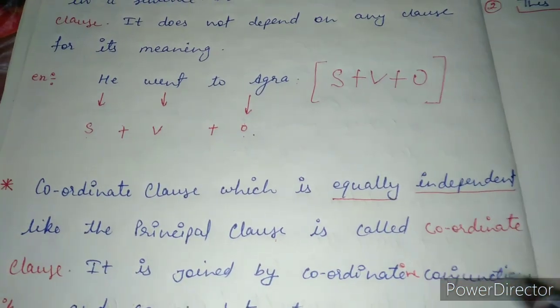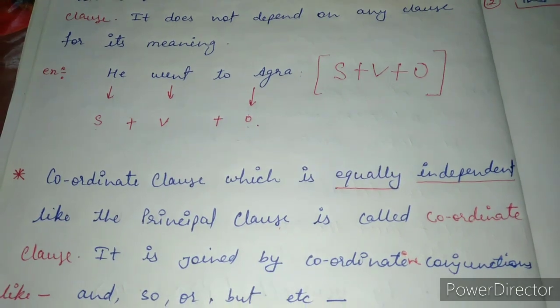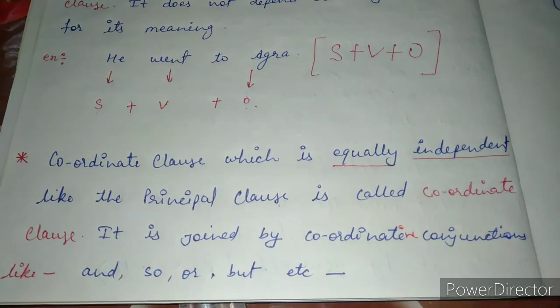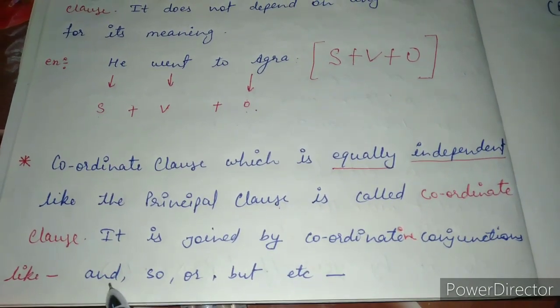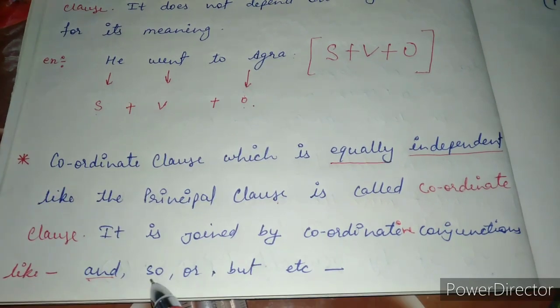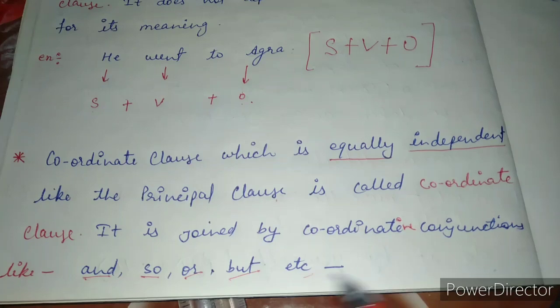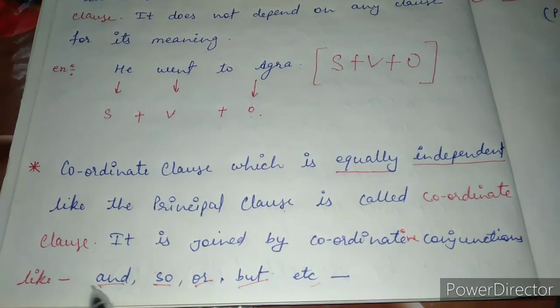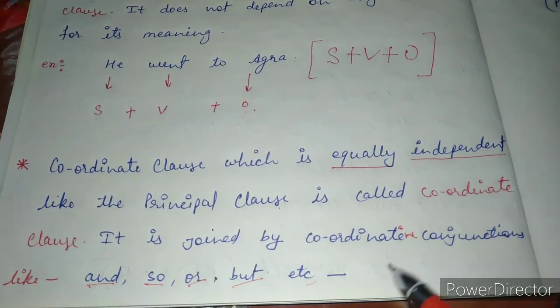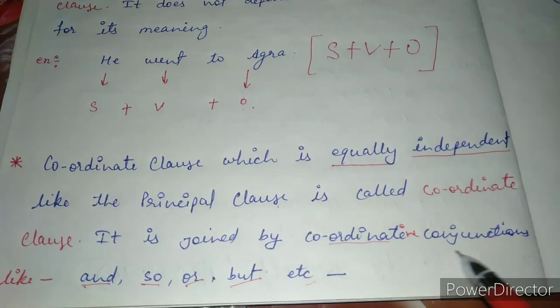It is joined by coordinative conjunctions. What are coordinative conjunctions? Some are written here, like and, so, or, but, etc. These types of conjunctions are called coordinative conjunctions.